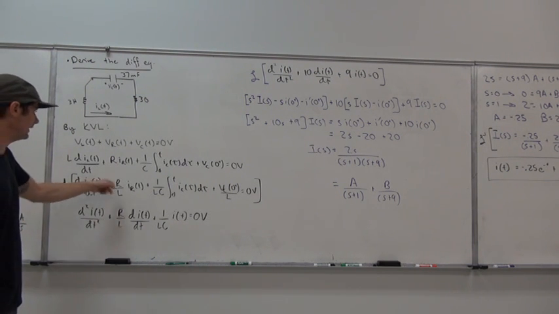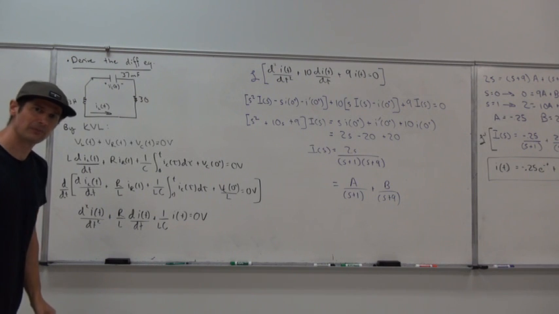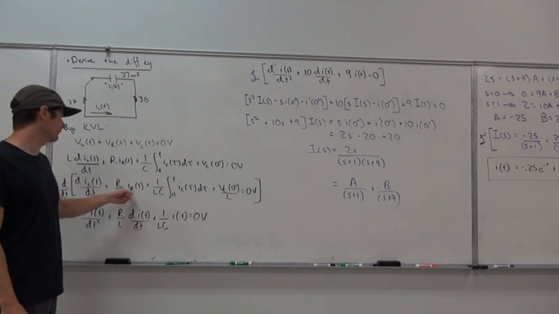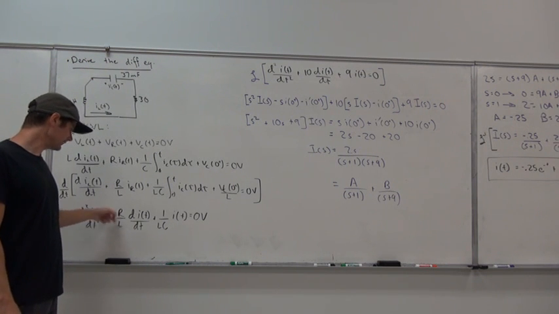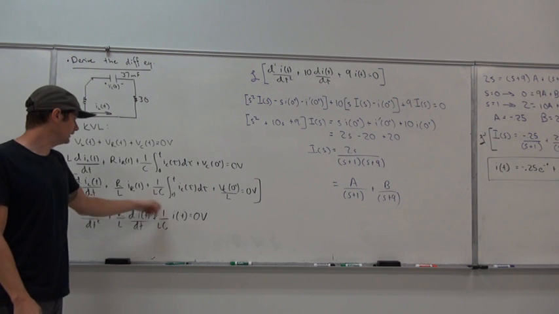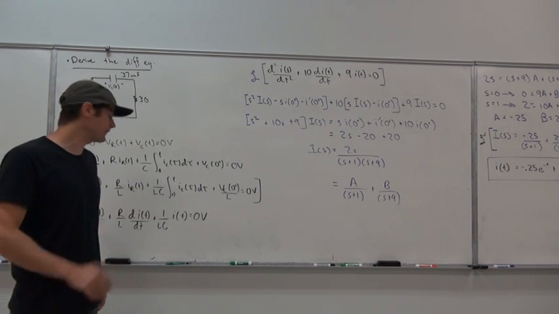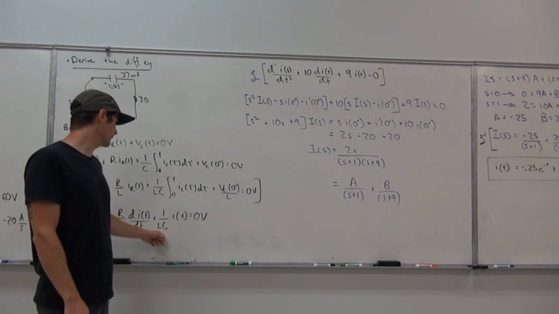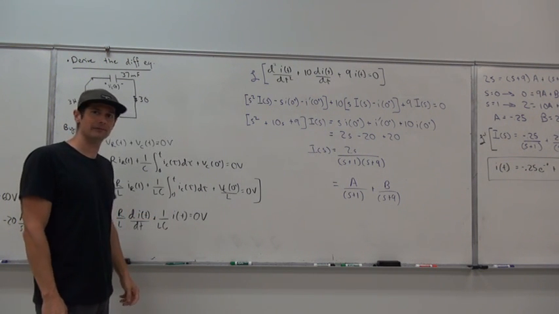I went ahead and took out the L and the R and the subscripts because all the currents are the same. And then here, the derivative of I of t times R over L becomes R over L times dI of t dt. Here, we take the derivative of the integral, and that kills off that integral right there, and we get 1 over LC times I of t.